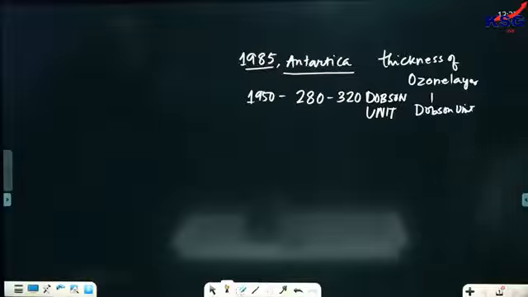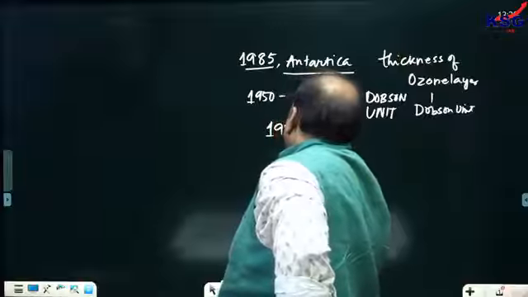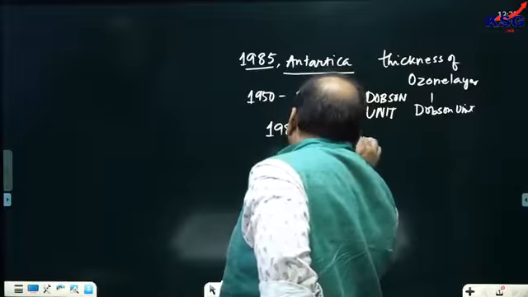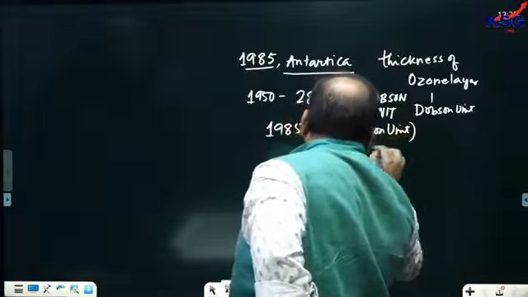And in the year 1985, it reduced to 136 Dobson unit.